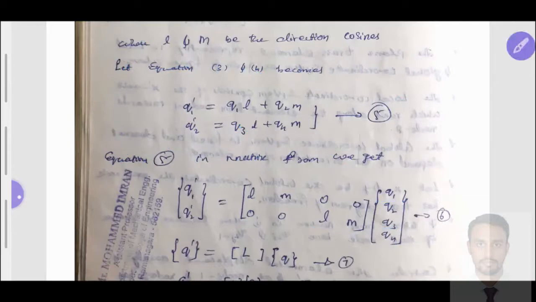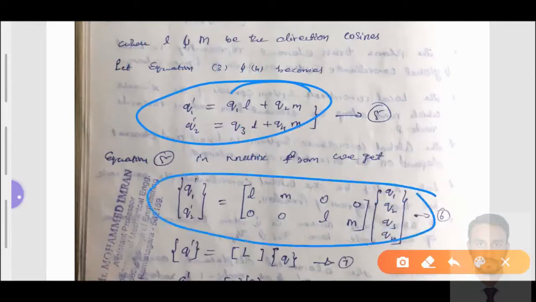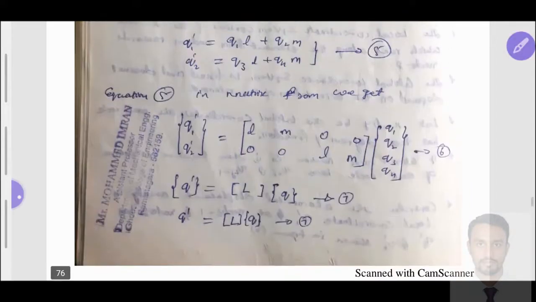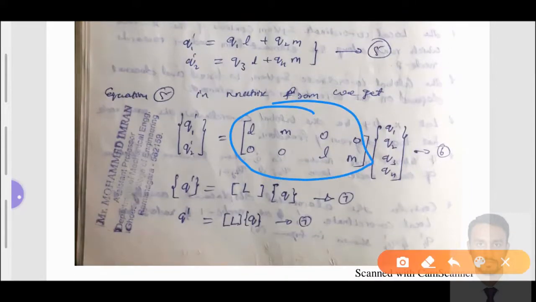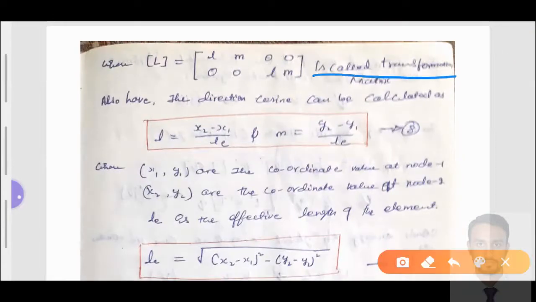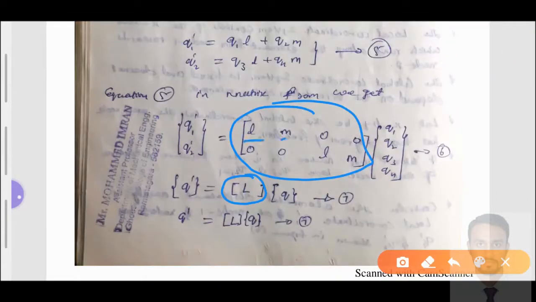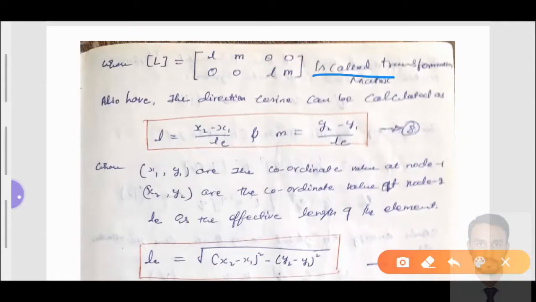We have converted that equation in terms of a matrix: L M 0 0 and 0 0 L M. When we multiply this, we get the same two equations. Then this is called the transformation matrix L, which is equal to L M 0 0, 0 0 L M, and this is the global displacement vector Q, and this is the local displacement vector Q dash.